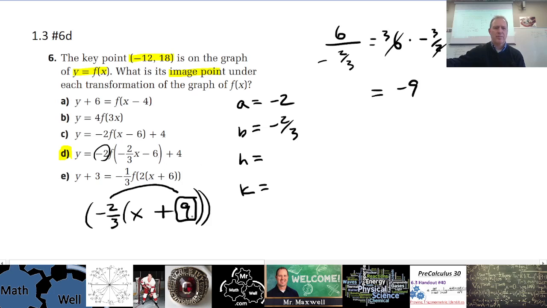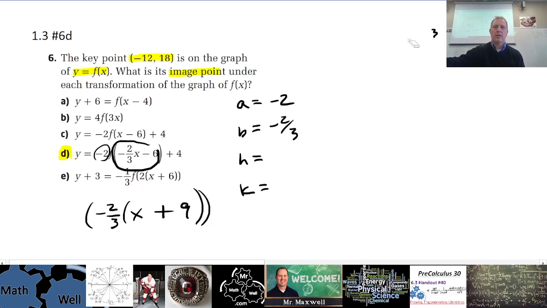So this right here is the same as this should be. Does that look good? All right. So B is negative 2/3, but H looks like negative 9 technically, if that's a plus. And then K is 4.